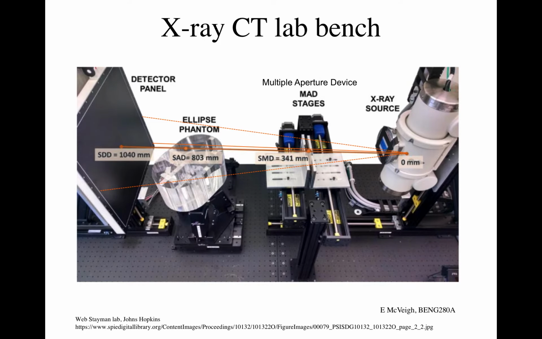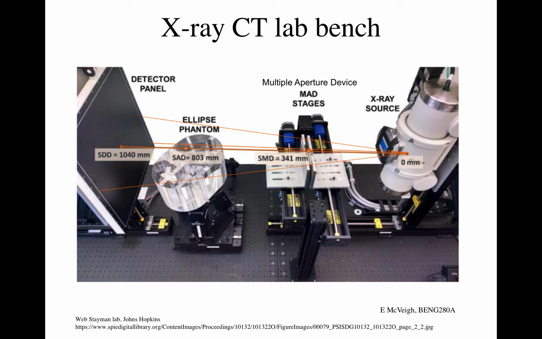This is what a modern Hounsfield experiment looks like. This is an X-ray tube. It has sort of a shutter here that can control the width of the beam and the energy of the beam by putting filters in it. This is a very sophisticated shutter here that will actually change the Fourier dynamics of the beam.